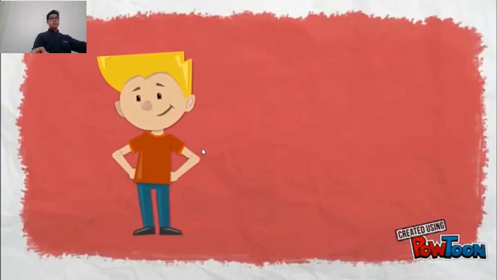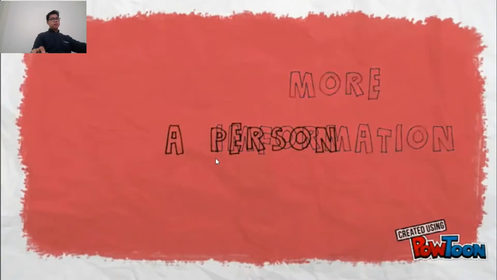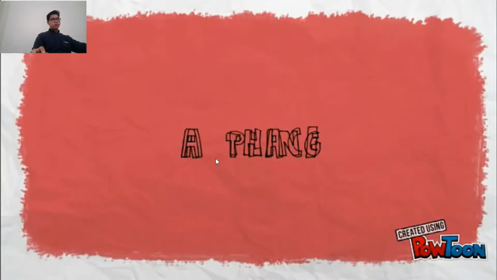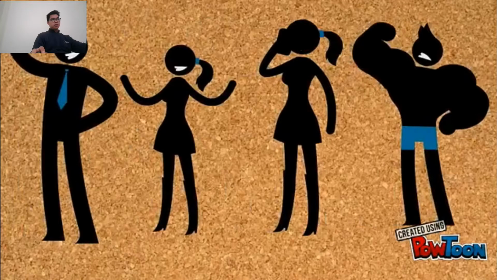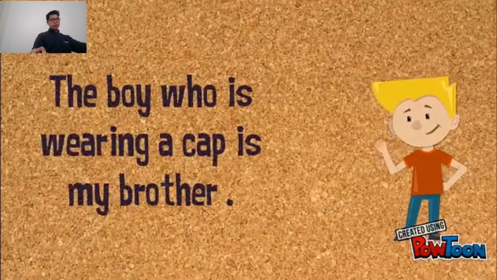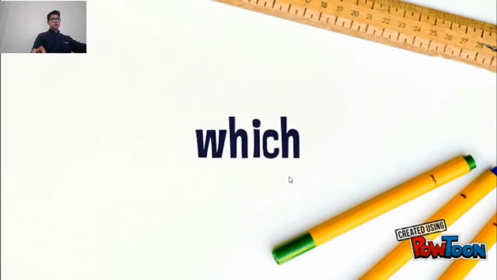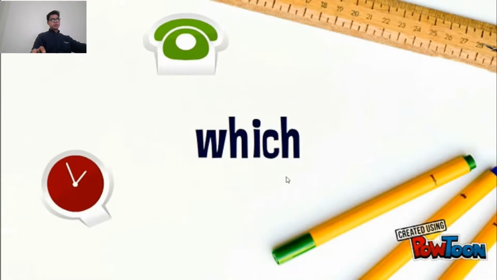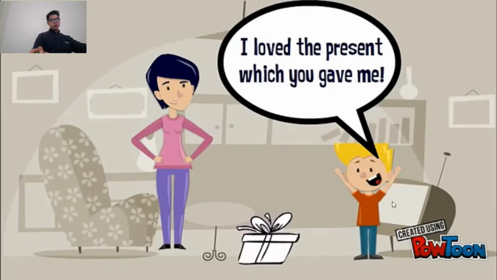Relative pronoun. Okay, we start from who is the person of people. The boy who is wearing the cap is my brother. So this is my brother because the boy is wearing the cap. Which I love the present which you get me. Yeah, present which you get me. So the boy is look happy.